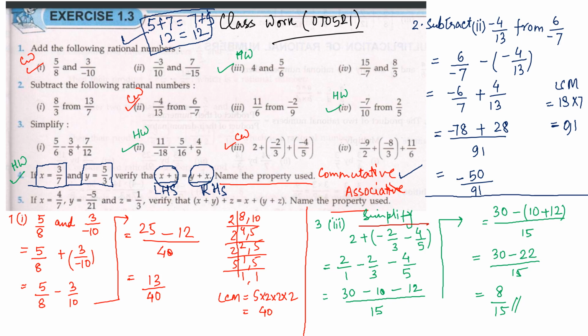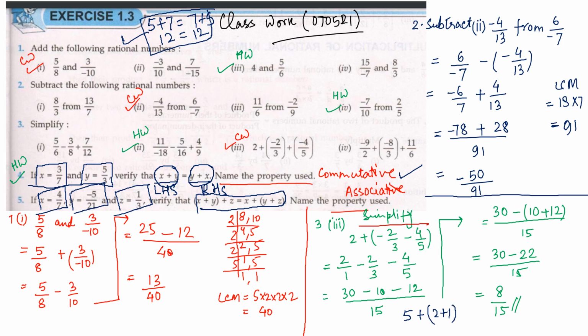Then one more is there. X is equal to 4 by 7, y equals to minus 5 by 12 and z is 1 by 3. Now they are saying x plus y in the bracket plus z equals to x plus in the bracket y plus z. The name of this property is associative property. Associative property will have three numbers. Let us say 5 plus 2 plus 1.